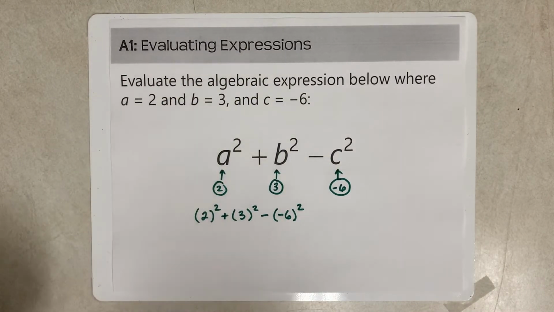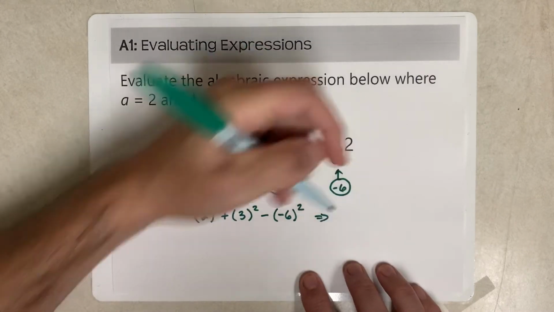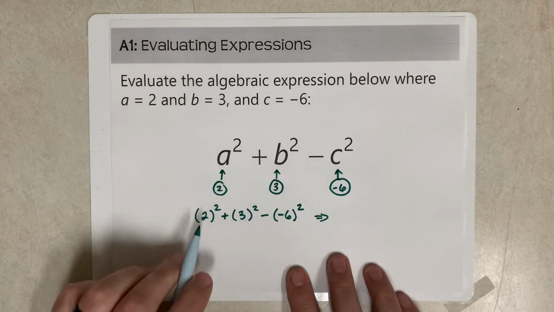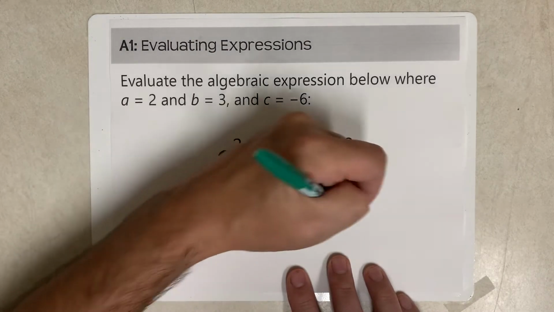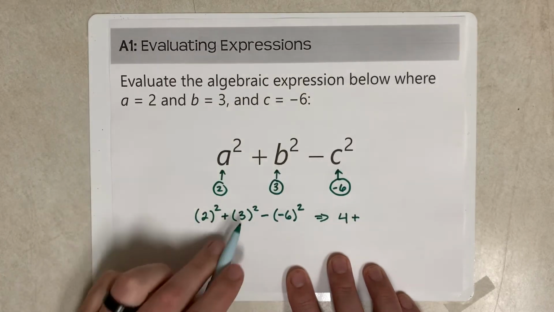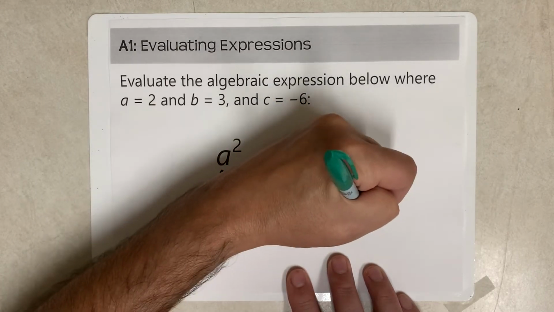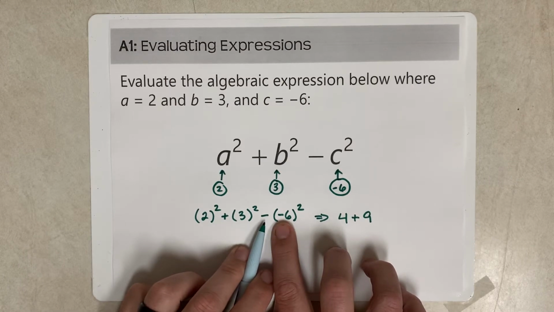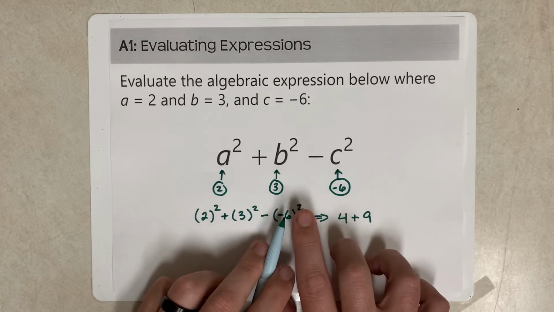All right, so let's see where we're at. And I don't have much room down here. That's why I'm kind of going off to the side a little bit. All right, 2 squared is 4 plus 3 squared is 9. Now, here's the thing. These 2 negatives don't cancel out. You have to do the exponent first.